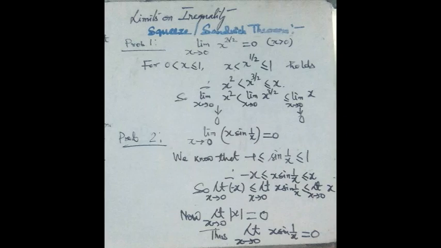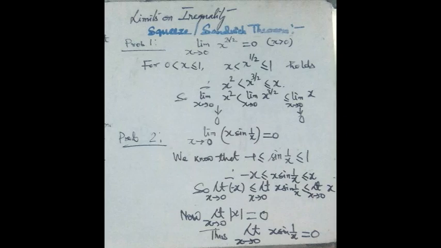So the limits of the extreme functions are 0. So clearly limit of x to the power 3 by 2 must be 0 due to the sandwich theorem, because x square is the function f(x) and x is the function h(x).